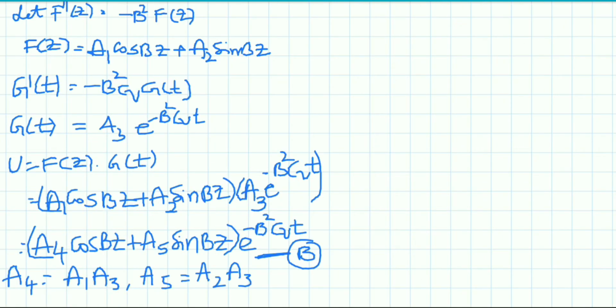Now I will use the following boundary conditions to solve equation B. My first boundary condition is at t equal to 0, u equal to ui, which means the initial pore water pressure at any depth. My second boundary condition is u equal to 0 at z equal to 0.